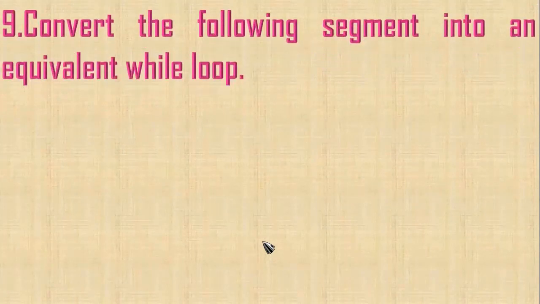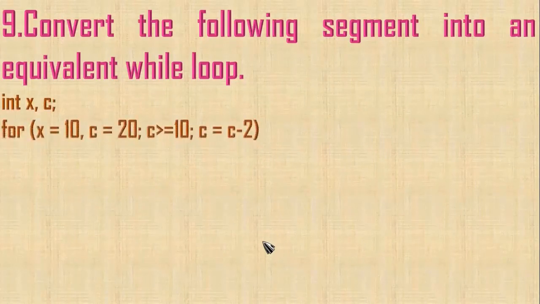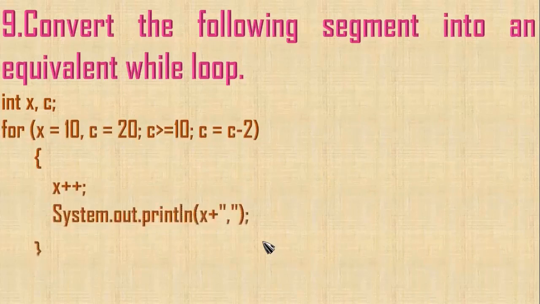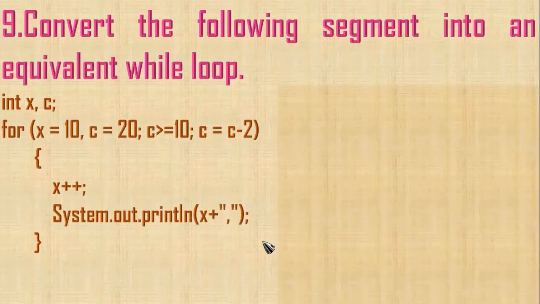Next question. Convert the following segment into an equivalent while loop. See, it declares x and c. Both the values are initialized inside the for loop. And the condition given is for c: c is greater than or equal to 10. c is decreased by 2. You should be a little bit careful. Here c is equal to c minus 2 will be done after executing the body only.